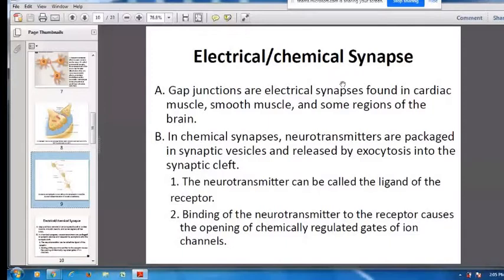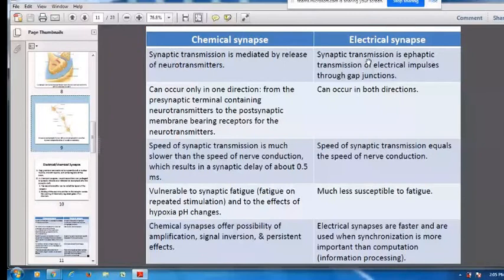So we have to know the difference between electrical and chemical synapse. In electrical synapse, synaptic transmission is by transmission of electrical impulses through gap junctions, but in chemical it is by release of neurotransmitters.